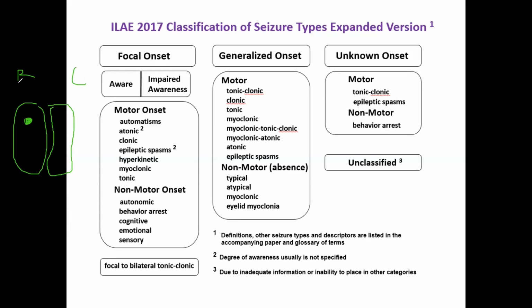So if the impulse is on the right cerebral hemisphere, the clinical features are likely to be seen on the left side because the fibers cross over at the brainstem. So you might see tonic-clonic movements on the left side. Generalized or general onset seizures are where the abnormal electrical discharge originates from one side and then there's rapid involvement of both the cerebral hemispheres, okay?